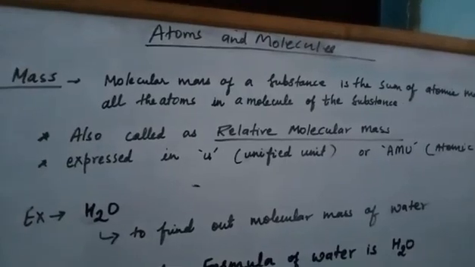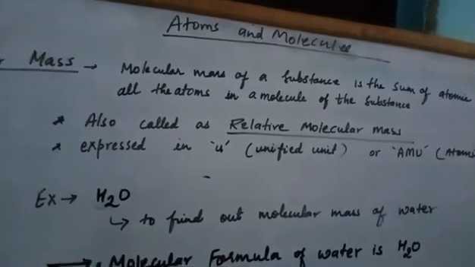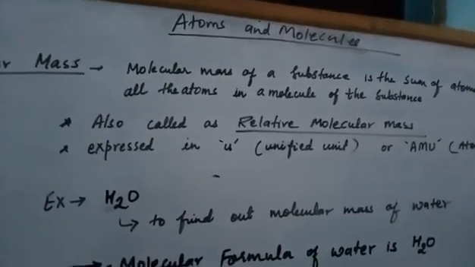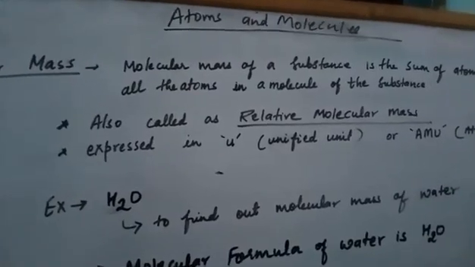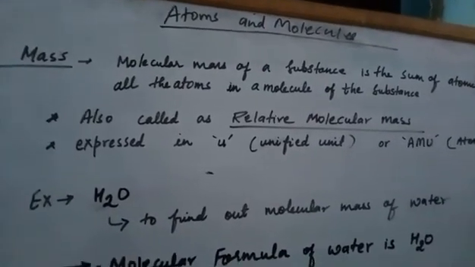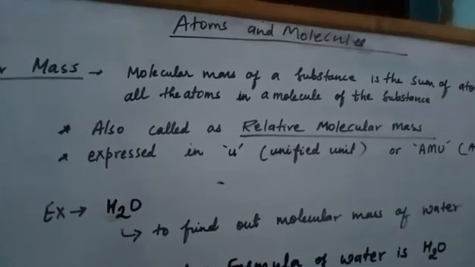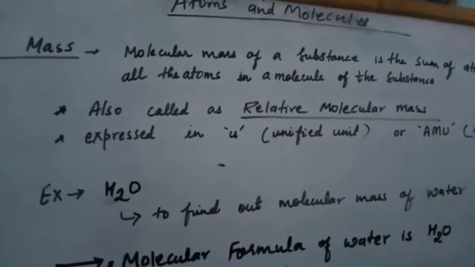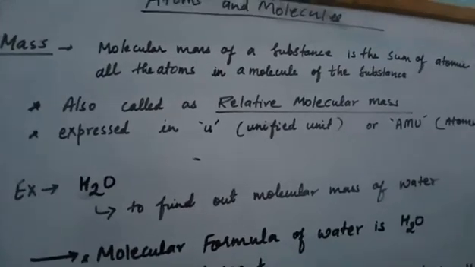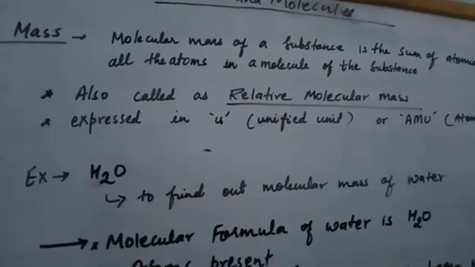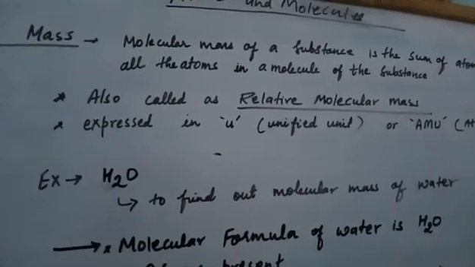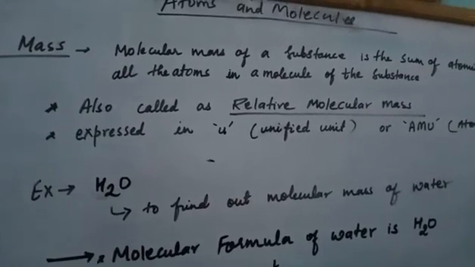Why are they called relative atomic masses? As we have studied previously, whatever the values of atomic mass of different atoms we get, it is the average relative mass of its atoms as compared with the atom of carbon 12. So whatever the atomic mass we get, it is the average relative mass. Why do we say average?